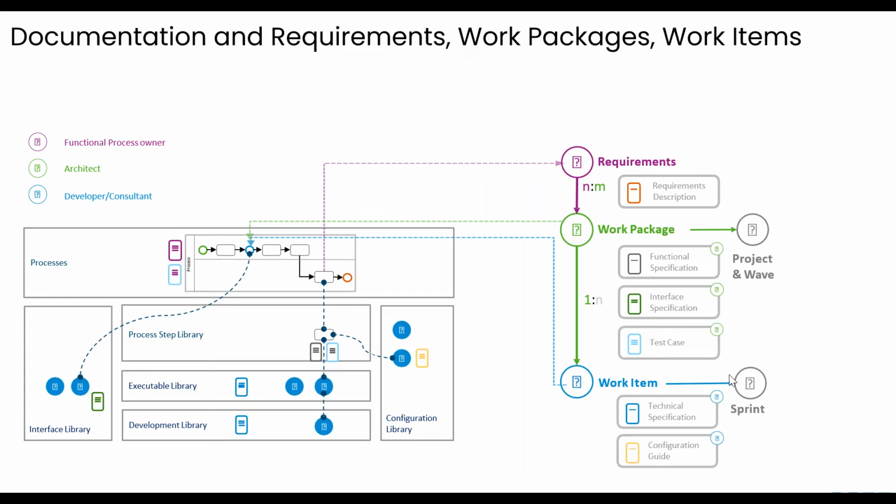Now, in many cases, these work packages could have many deliverables. If that is the case, then we would create one or many work items for it. An example: if we have some type of custom development to deliver, we would have a work item that delivers the custom development work, assigned to the development team.